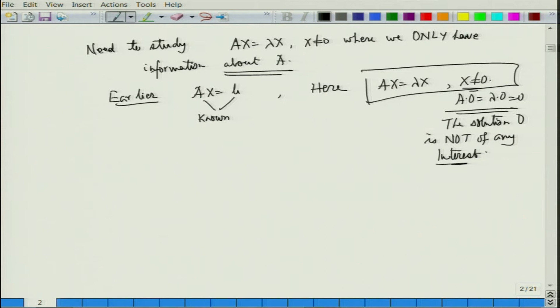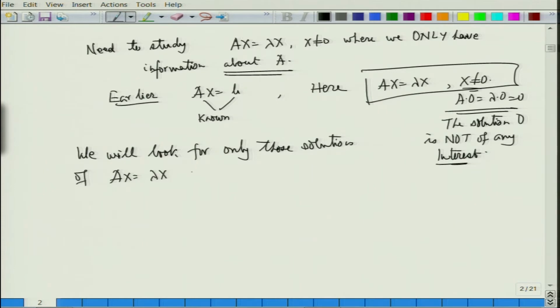So, we will look for only those solutions of Ax = λx which are linearly independent. Fine, this is what we will look at.